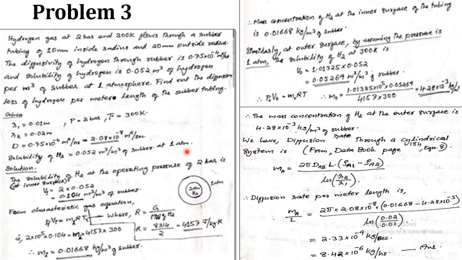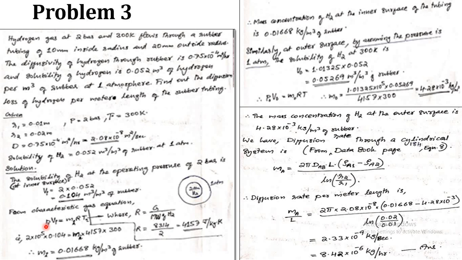In this case, we need to find the concentration of hydrogen at inside and outside. To find the concentration of hydrogen at inside and outside, apply the characteristic gas equation.